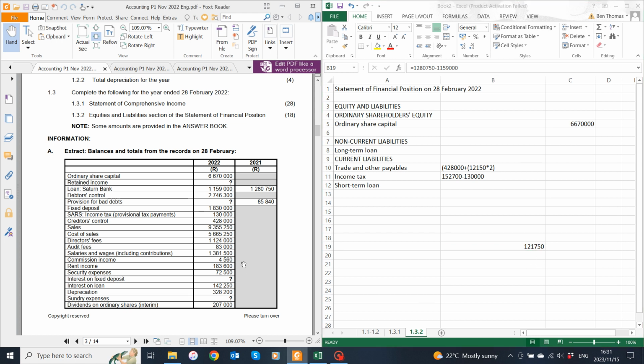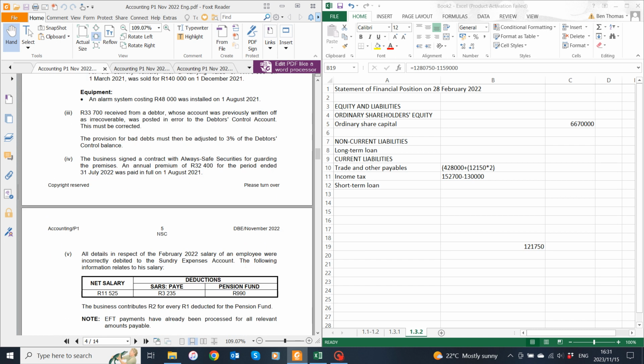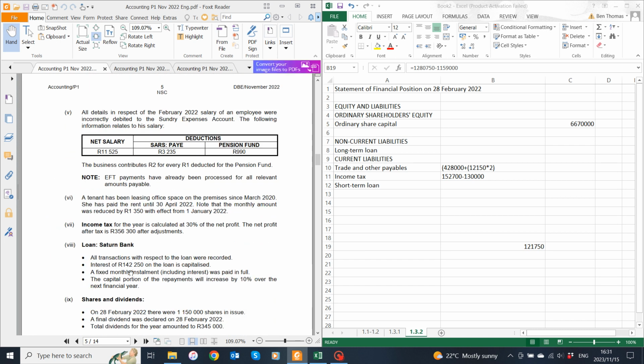Now they also told you the interest on the loan. They said interest on the loan is 142,250. So if I add them together, 121,750 plus 142,250, I get 264,000.